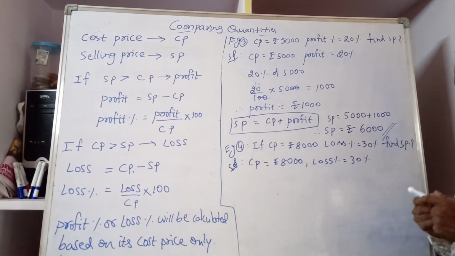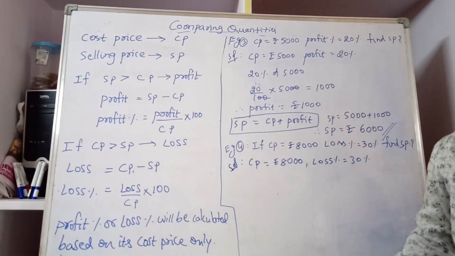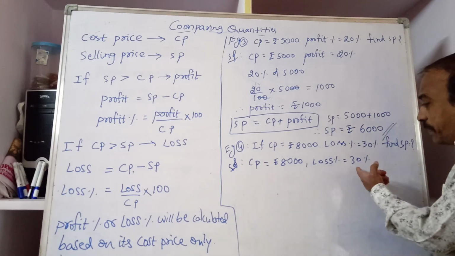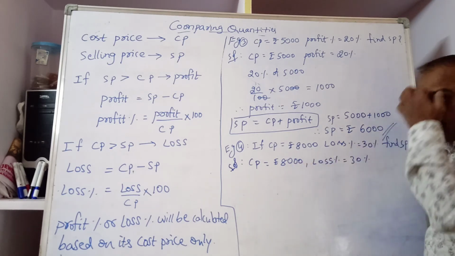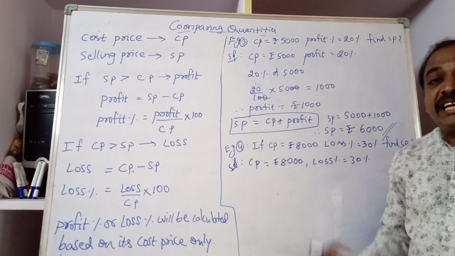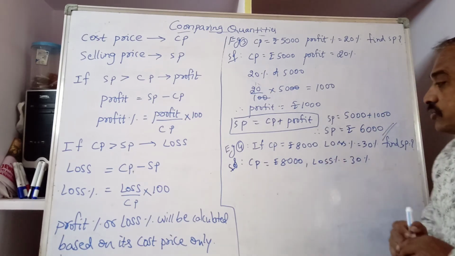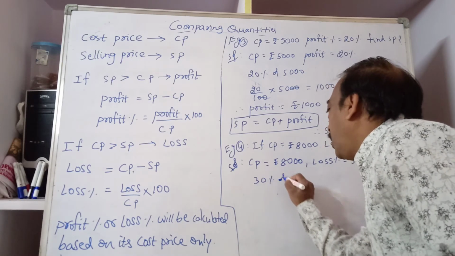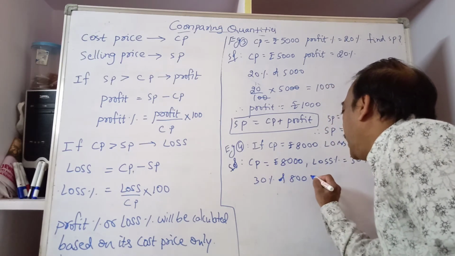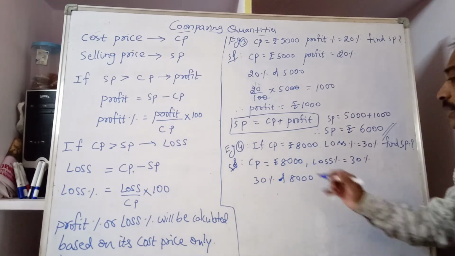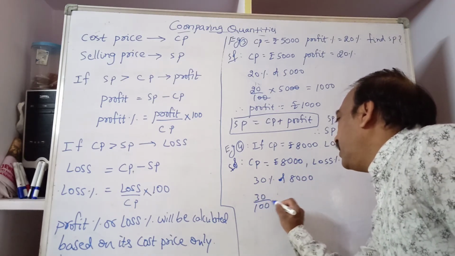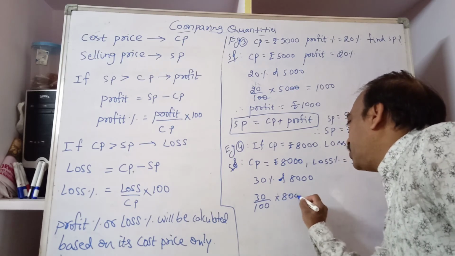So what we have to do now? How much amount he got? Actually, what is the amount he got at last? So 30% of 8,000 you have to calculate. So 30 by 100 into 8,000.